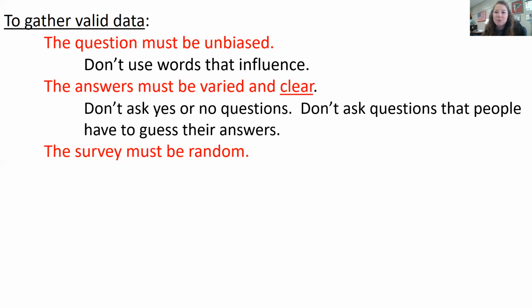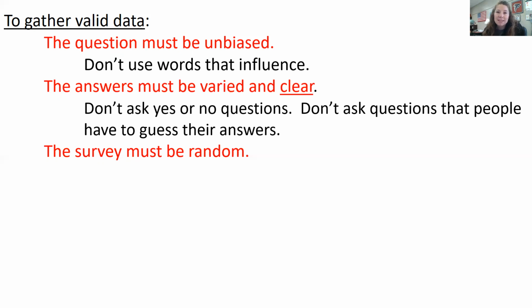Your survey must be random. So if I was trying to gather information about people's favorite sport, I wouldn't go right outside a basketball court and ask people, hey, what's your favorite sport? Or how much time do you spend a week playing so-and-so sport? I would make sure that my location wouldn't influence the type of person I asked.